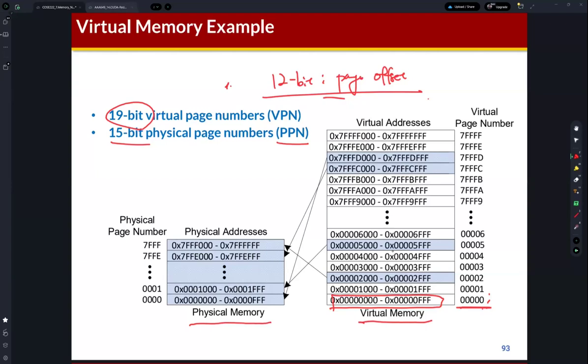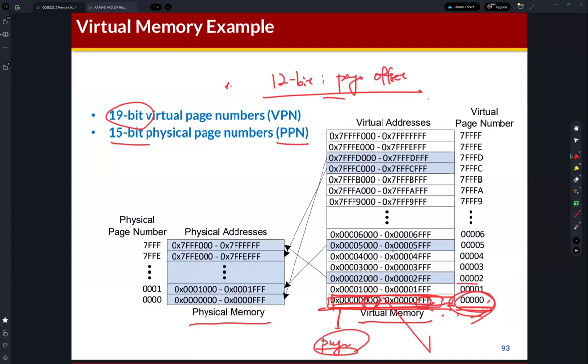So you can find that address 0000 to 0002FFF is allocated to the virtual page number 000. So this block is called a page. This page has the virtual page number 000.